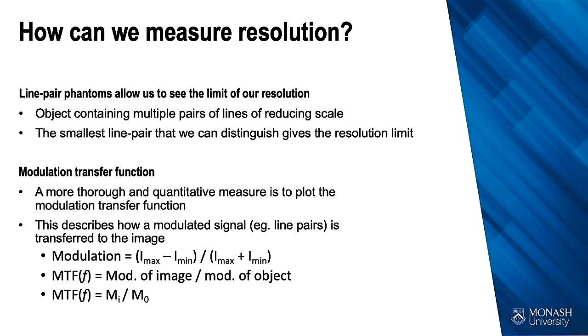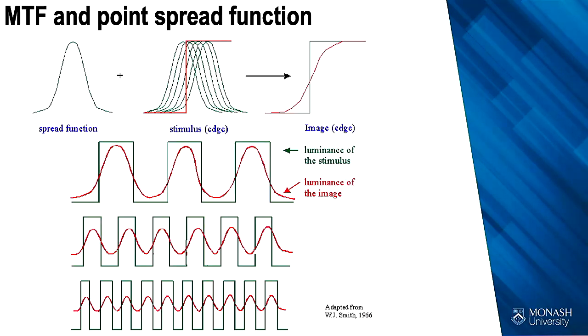So what we do is plot the modulation of those line pairs, where modulation is essentially how accurately the modulated signal, which is the line pairs, is transferred to the image. There's some equations there, but I'll just show you over here. It's related to the point spread function. So if we have a point spread function there on the left, remember this is what a very small object will come out as on our image.